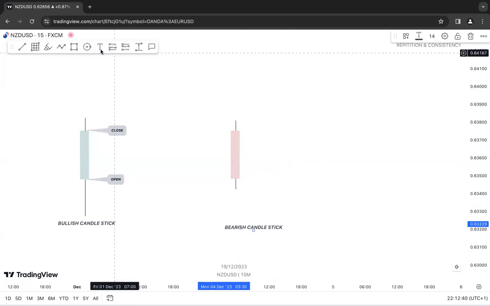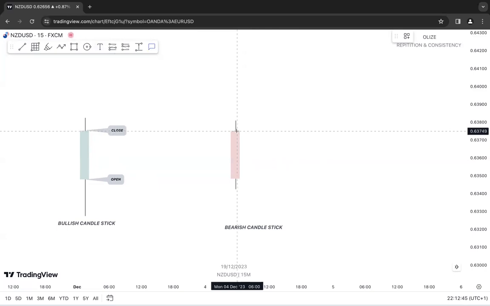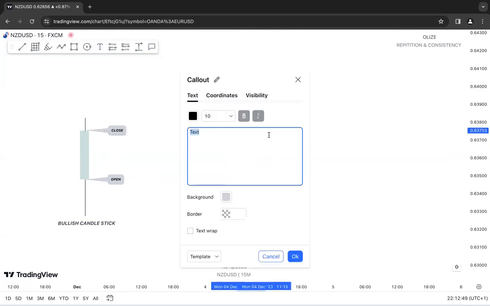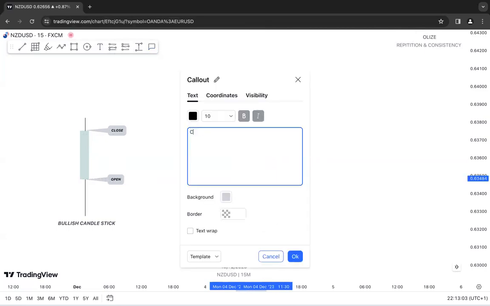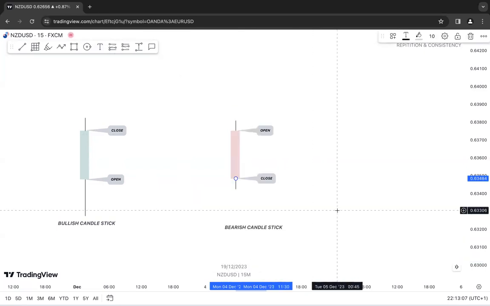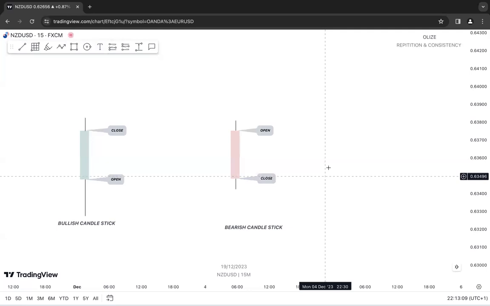So for the bearish, our open is at the top, not below. You know the difference? This is where our open is, and this is where our close is. Excuse me.